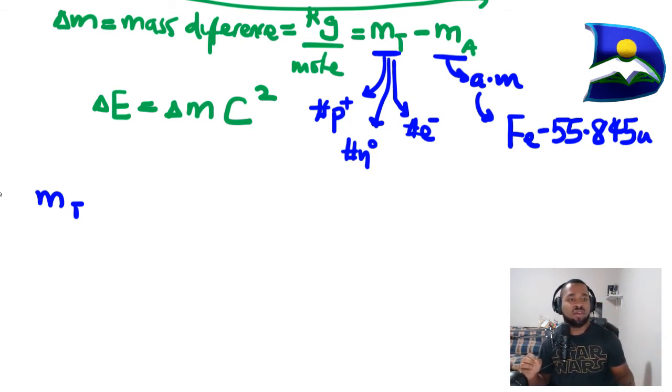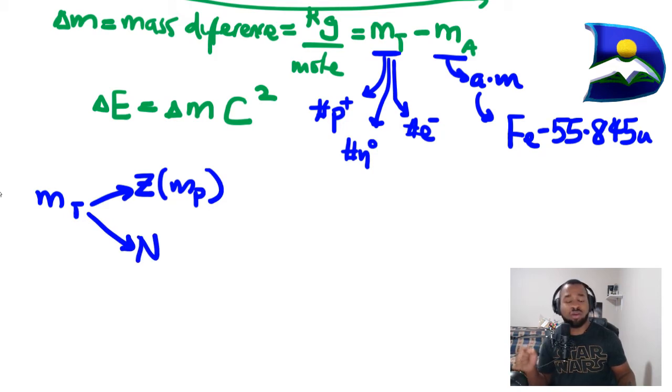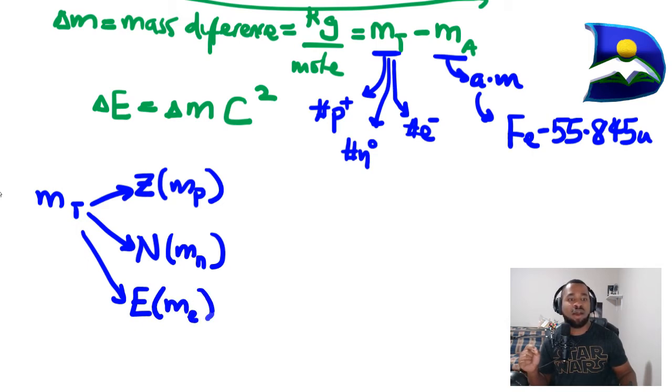First, we know that Z is the atomic number, and this is going to be multiplied by the proton mass, and then we add to it our neutron number, which is represented as N, multiplied by our neutron mass, and then we have our total electrons multiplied by the mass of our electron.